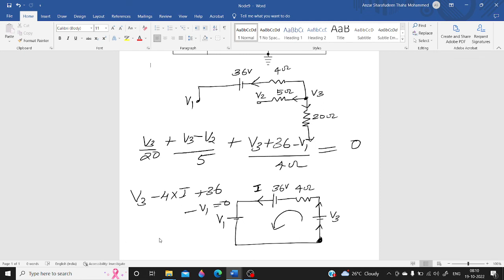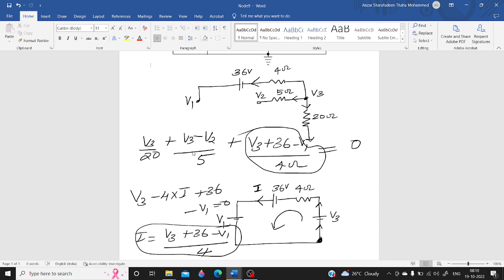From this, I is equal to V3 plus 36 minus V1 divided by 4. That gives you the current, and the same we have written here.